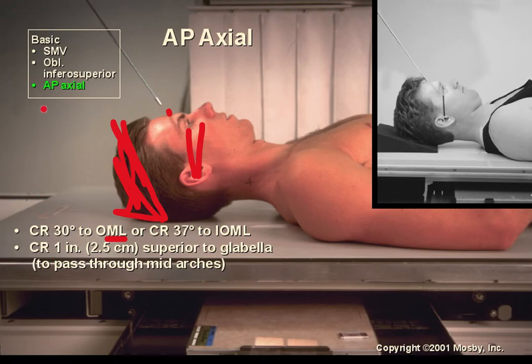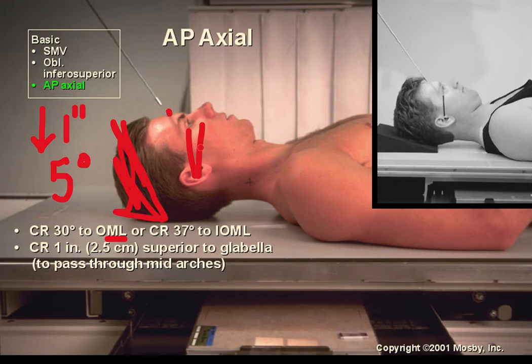And then keep in mind, you're still going to come down 1 inch for every 5 degrees of rotation, okay? So make sure that you remember that. And it's going to pass through the mid-arches. So this is what they're talking about.